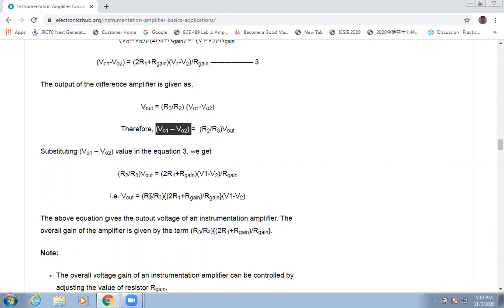The overall gain of the amplifier is given by this term, that is R3 divided by R2 into twice R1 plus R gain divided by R gain.